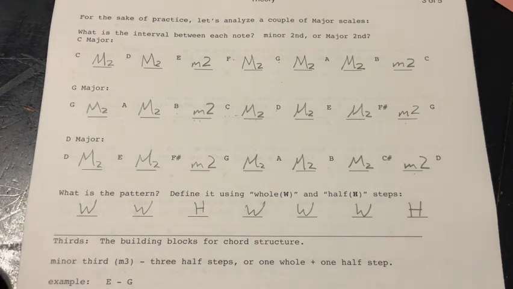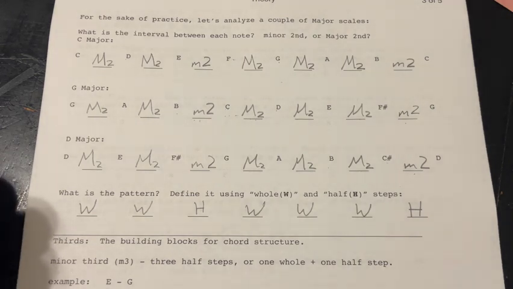Just by following that whole step, because one fret is a half step, two frets is a whole step. I can do that anywhere. I can start on a B flat and do that anywhere on the guitar. Make sense so far?